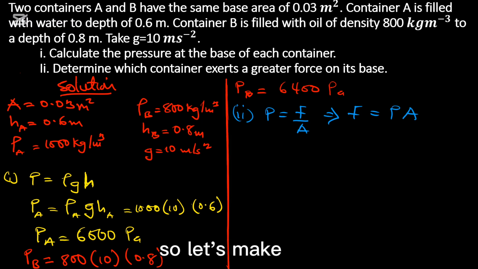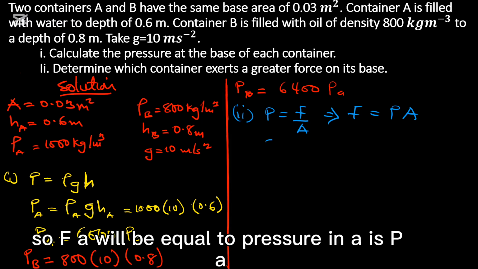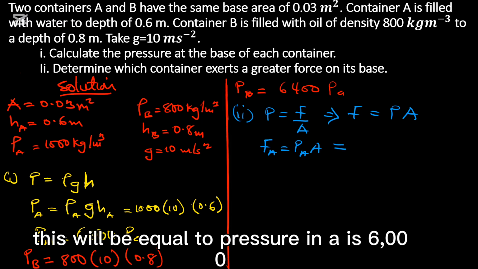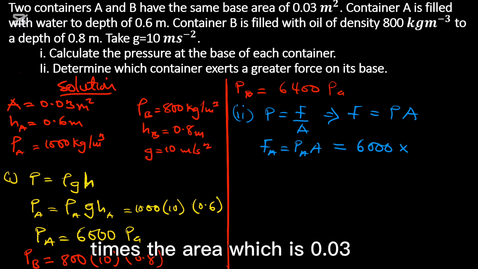So let's make force in container A to be Fa. So Fa will be equal to pressure in A, which is Pa, times the area. This will be equal to pressure in A, which is 6,000, times the area, which is 0.03.